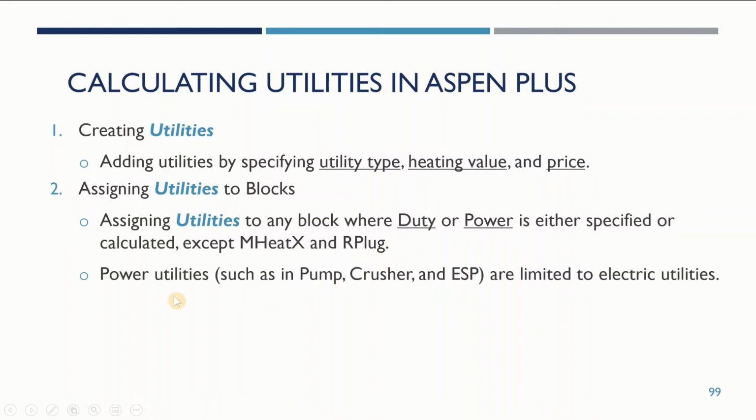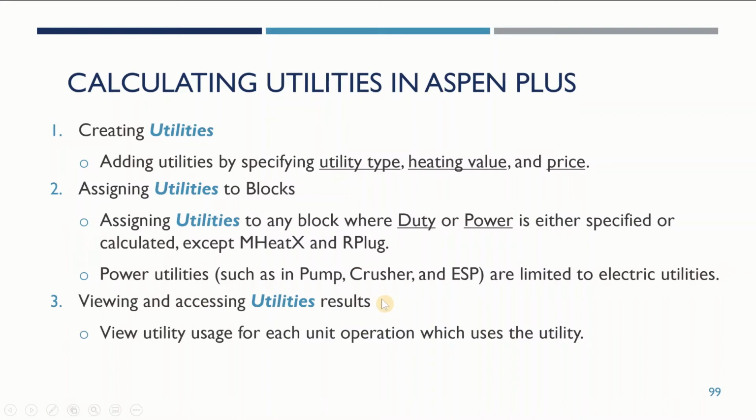Whereas power utilities such as pump, crusher, and ESP or dry electrostatic precipitators are generally limited to electric utilities. And the last step is to run the simulation and view the utility results.